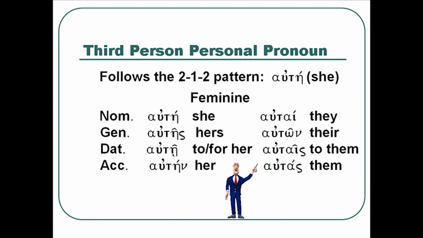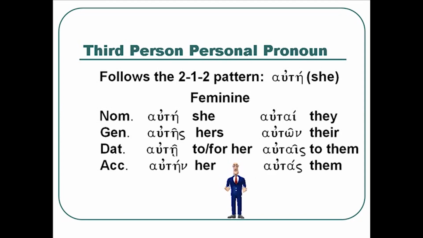The nominative plural is autai, meaning they. Auton is a genitive plural, meaning their. Autais is a dative plural, meaning to, for, by, with, at them. Autas is the accusative plural, meaning them. So this is the feminine form.